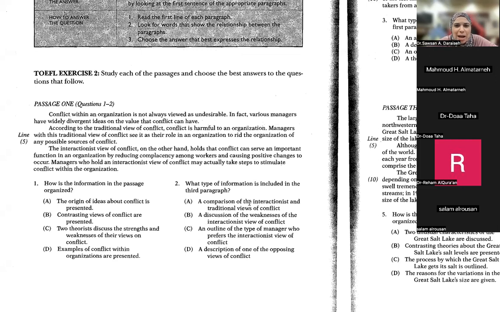Look, are you surprised? Look what it says here. Conflict is not always undesirable. Do you know why? Because need is the mother of invention. Only when you are put in undesired conditions do you push yourself in order to change, to invent.